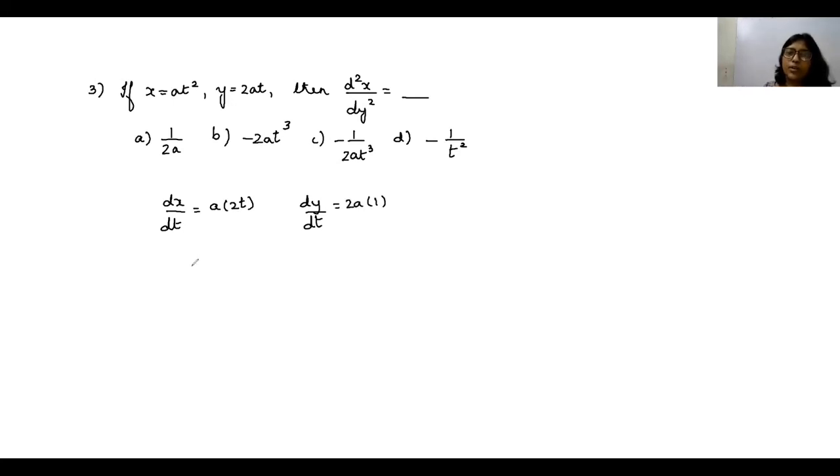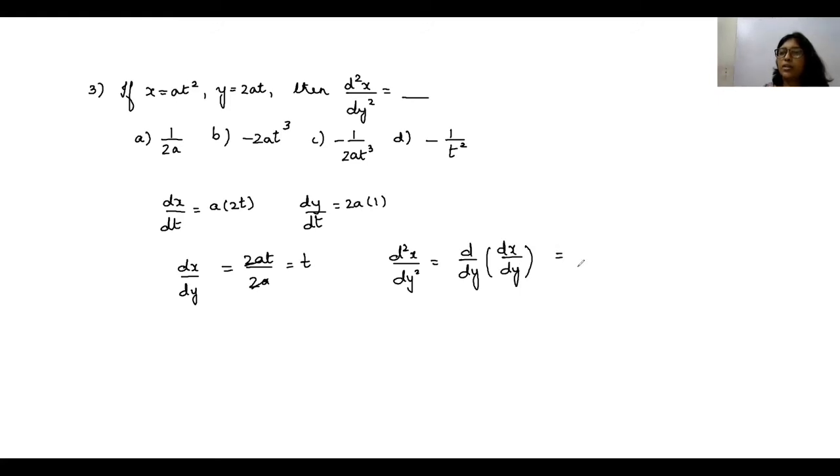And so dx by dt upon dy by dt, that is dx by dy, is t. Differentiating again with respect to y, that is d by dy of t, dx by dy value, that is dt by dy, 1 upon 2a.